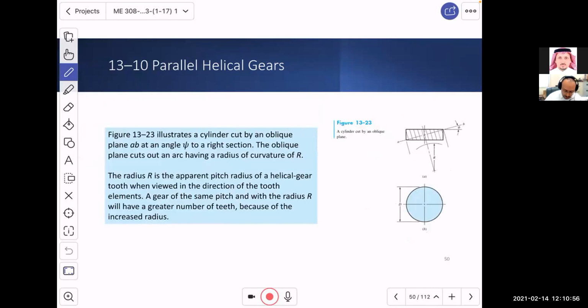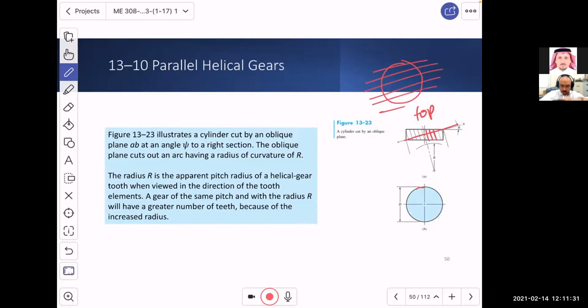Now, if you look at a helical gear, and knowing that this is the helix angle where the teeth were cut, if you cut along this line, looking here from the top view, and you cut it with that inclination, you will end up with a circle, because the gear is like this and now you are cutting it down.